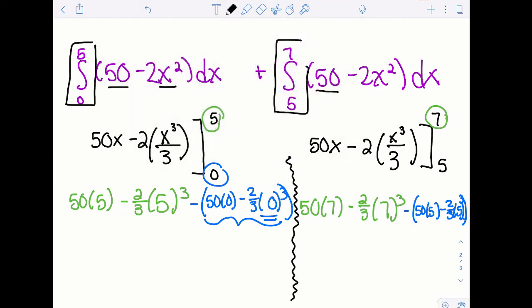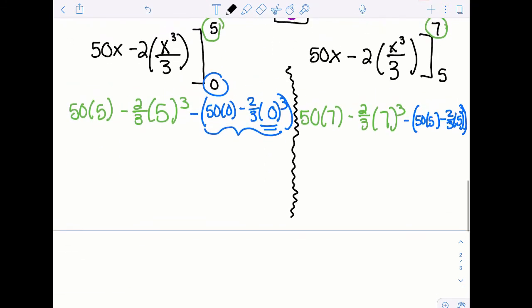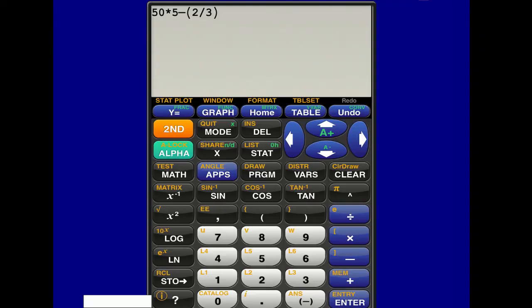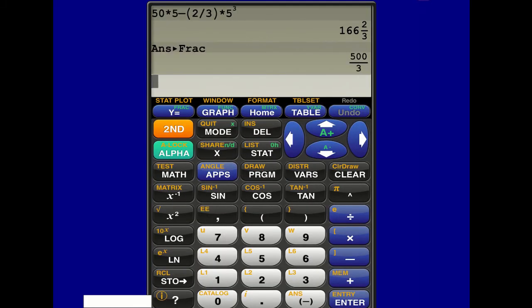For now, I don't want to add these two together. I'm just going to try and keep them separate. When you plug in 5, you should get 500 over 3.